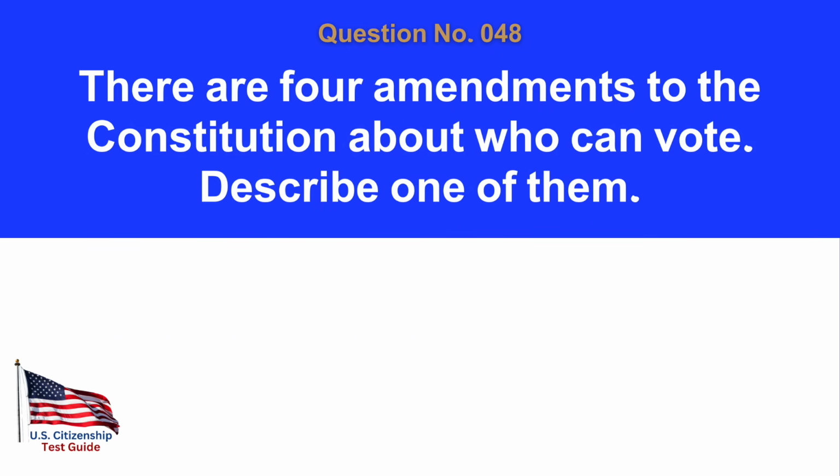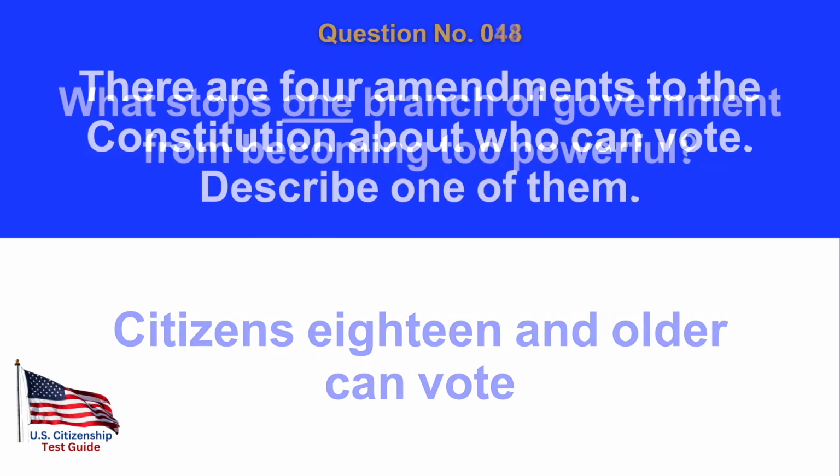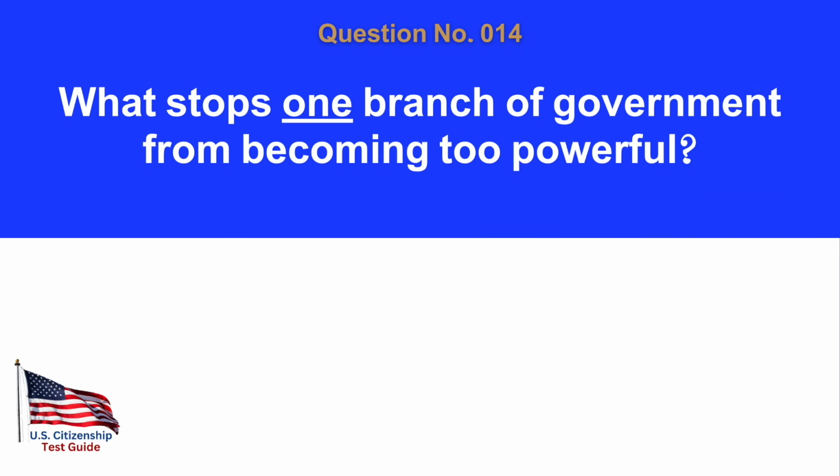There are 4 amendments to the Constitution about who can vote. Describe one of them. Citizens 18 and older can vote. What stops one branch of government from becoming too powerful?